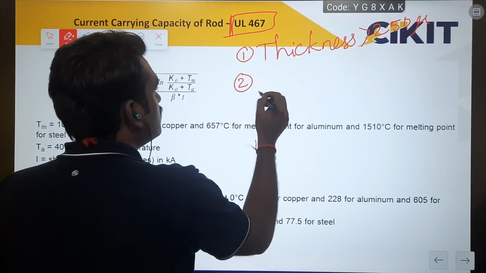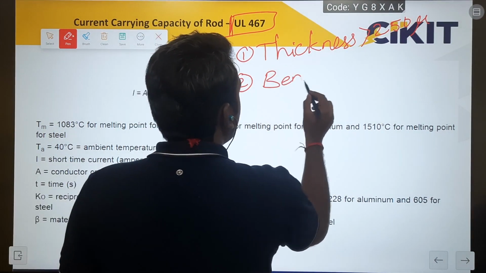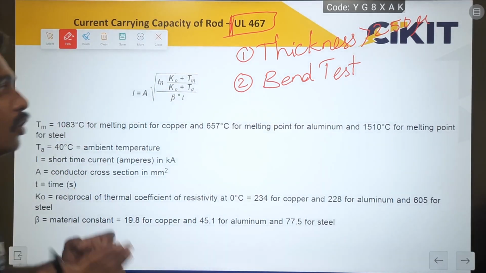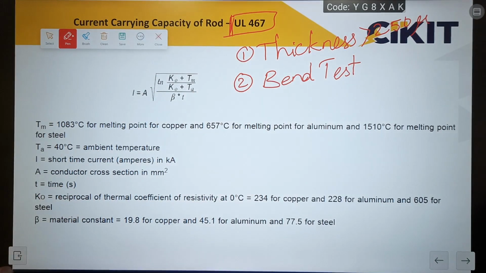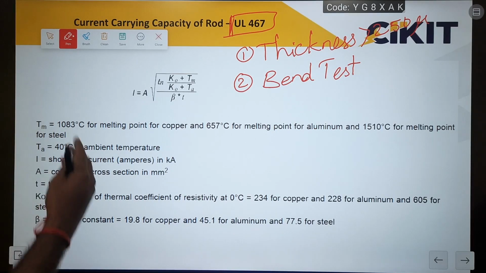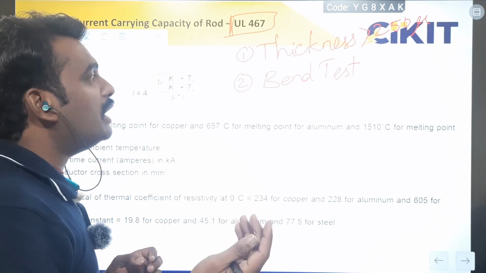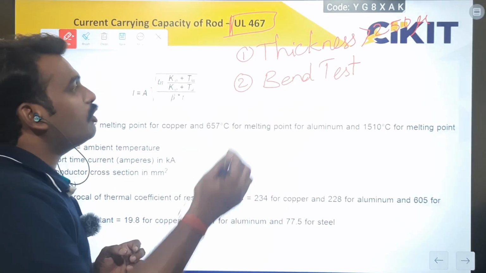The second most important thing is the bend test. They will intentionally bend the earth electrode to some angle and check whether there are any cracks due to the bend. During transportation or mishandling, if there is any bend, then the corrosion at that particular point will be high.